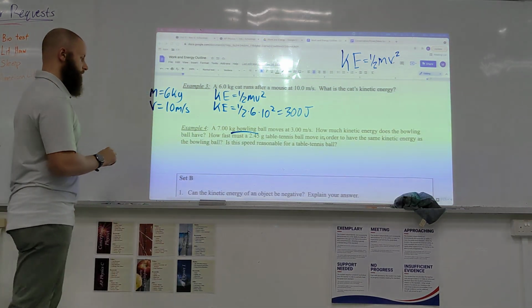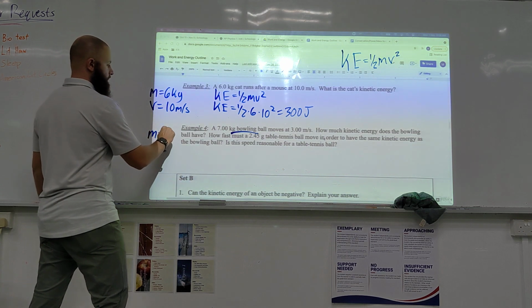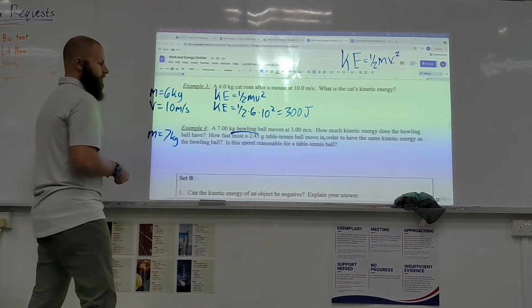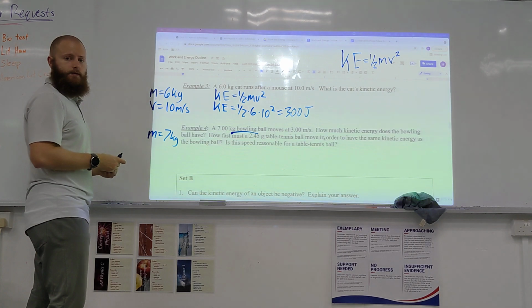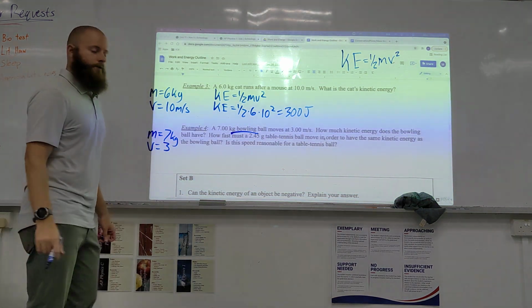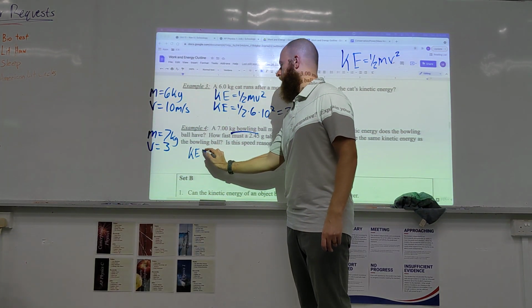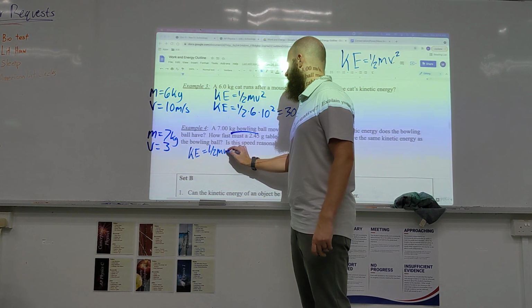Okay, so let's write down our variables. What's our mass? Yeah, m for the bowling ball is 7 kg. What is the velocity? Velocity for the bowling ball is 3. So let's go ahead and write out our formula. It is important to write it out. KE equals 1/2 mv squared.